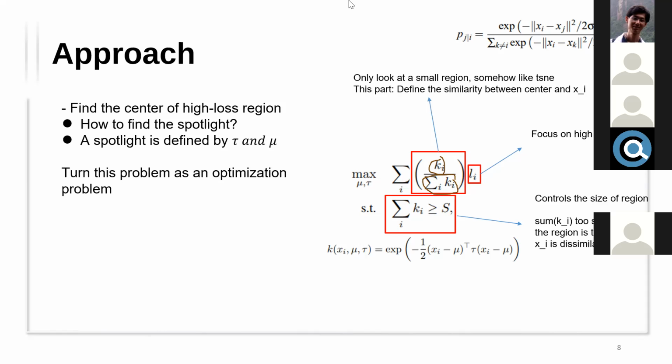When you look at this formula, this is the Tanimoto similarity measurement, and if you look at the numerator, if tau equals the identity matrix, then they are basically the same, right?